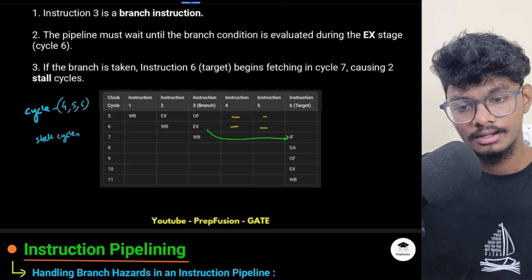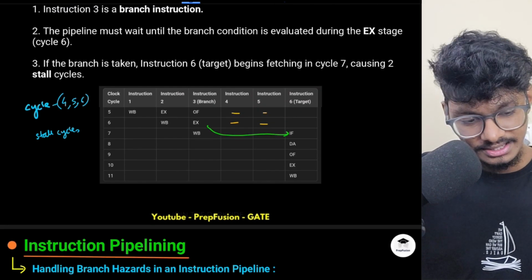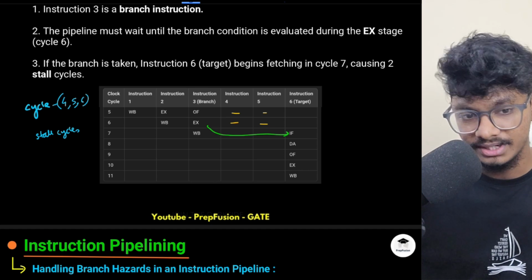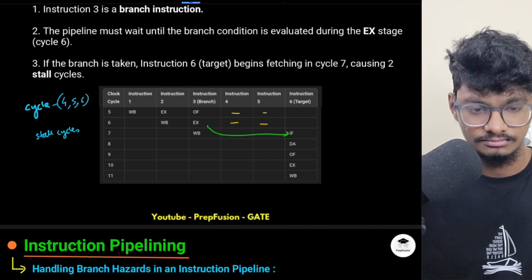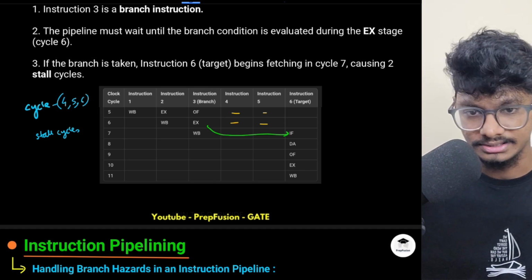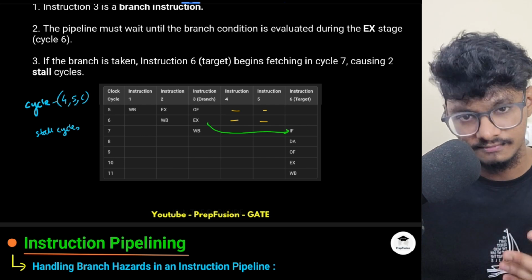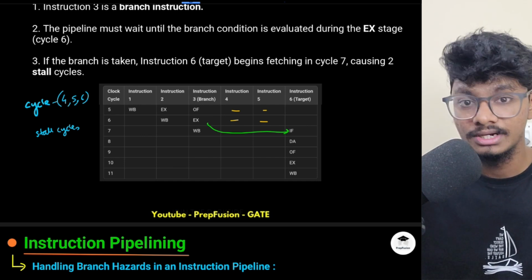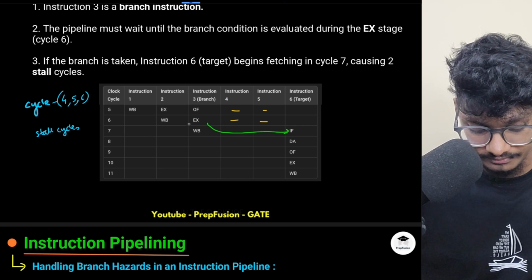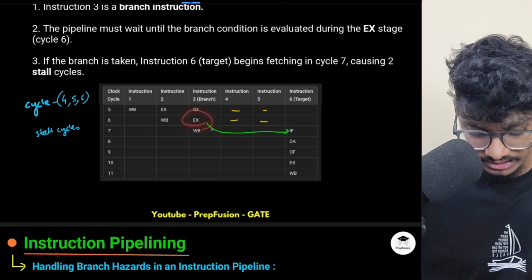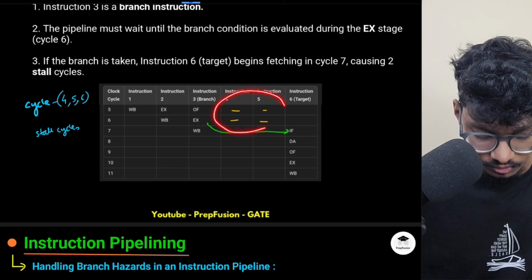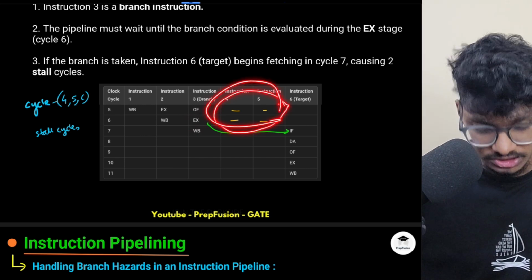It is very simple for me to analyze all this and say it, but the computer actually is not that intelligent. So how do we solve those problems, we'll see. The computer itself won't be able to understand it, so putting in stall cycles is the only possible solution.